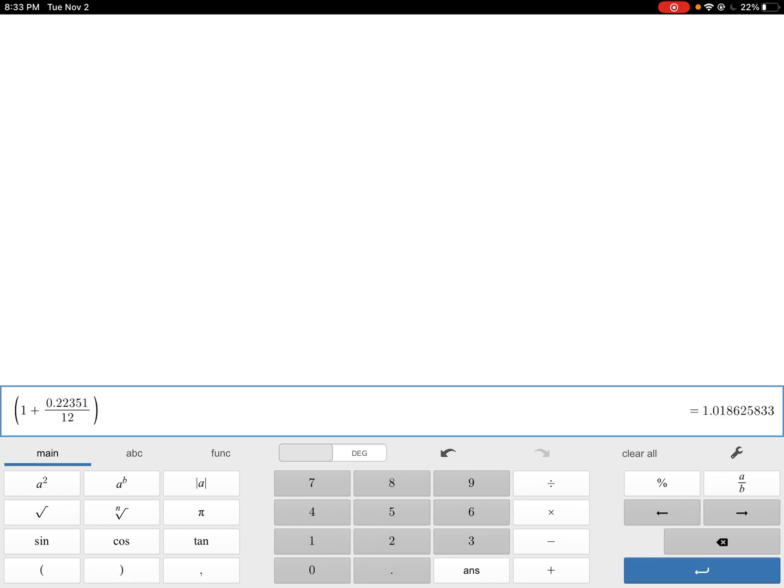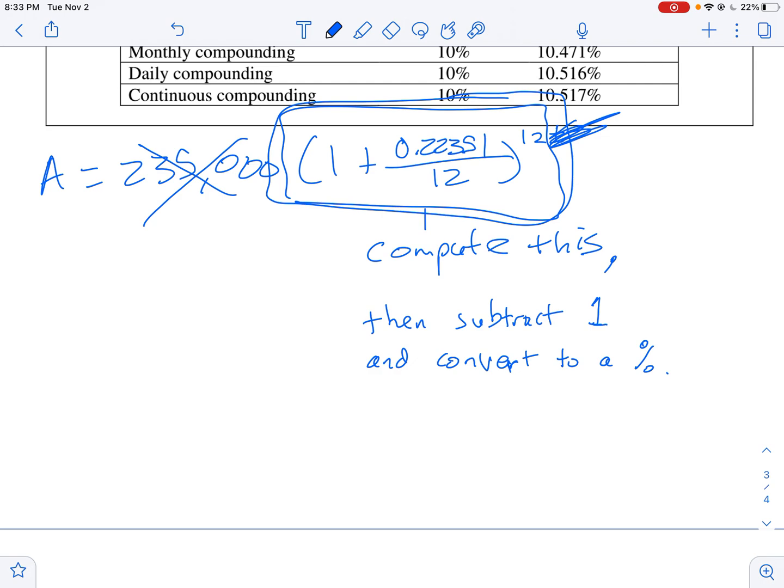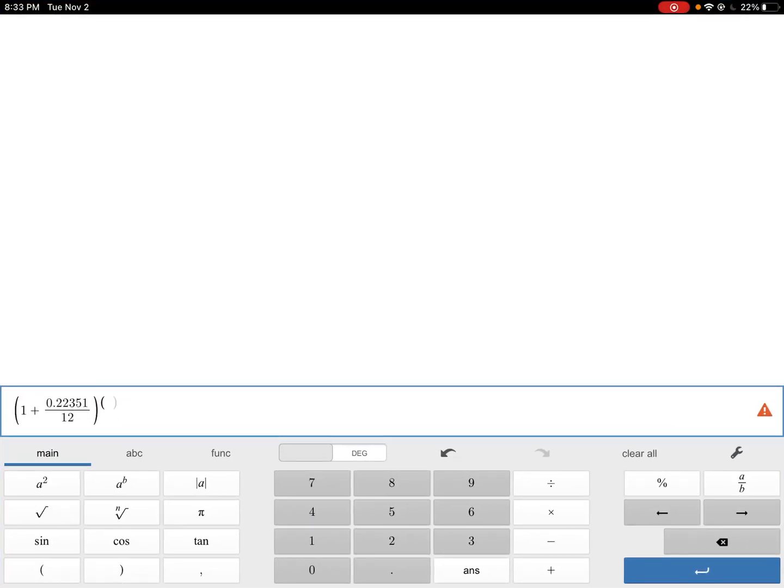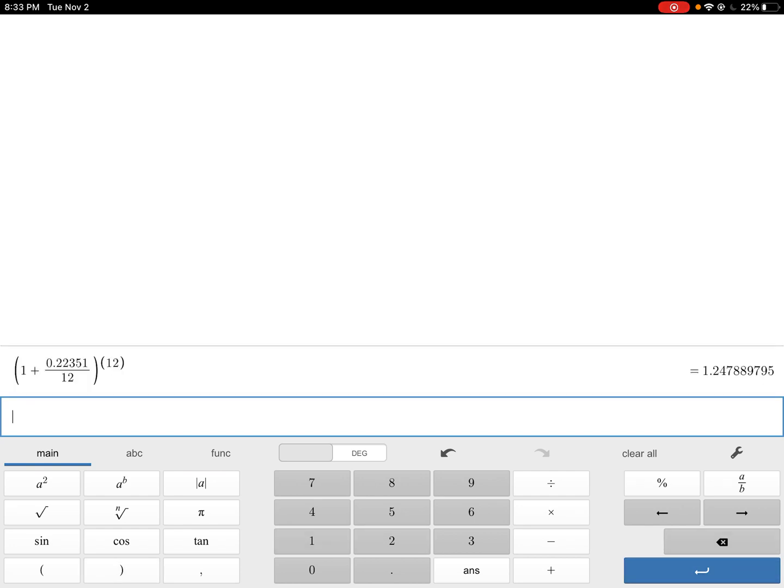I'm going to close this parenthesis, use the exponent button, and since it's compounding 12 times a year, I'm going to put 12 in my equation here. Just put 12. Not 2, 12. And close it, and I'm going to push enter. And I get this number here on the right side.